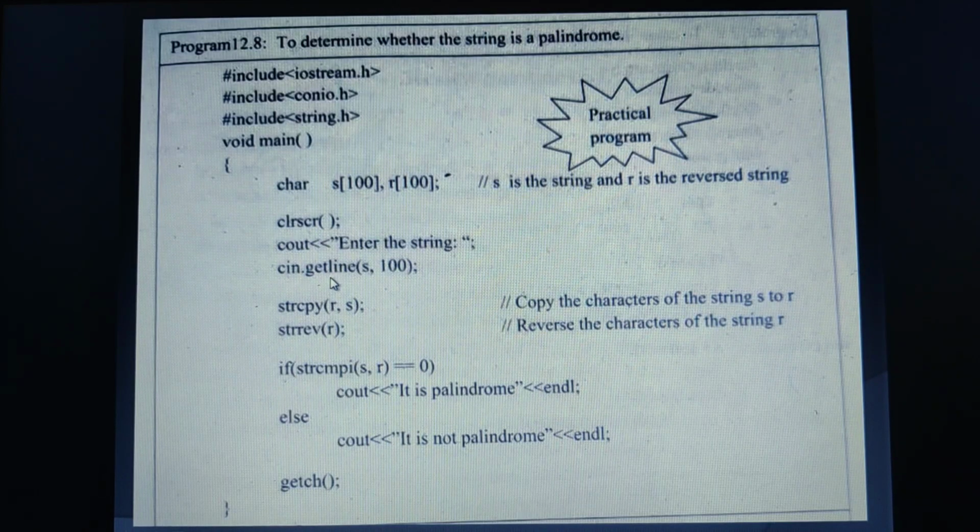Through the gets function, I'm reading the string, and then I'm copying because I want the contents in the string S to be copied into the string R. That is the reason I'm using the built-in function strcpy. What contents are there in string S, the same contents are being copied into string R. I hope you are able to understand.